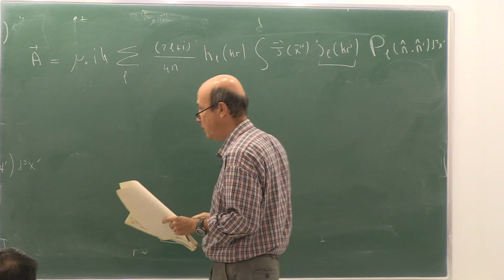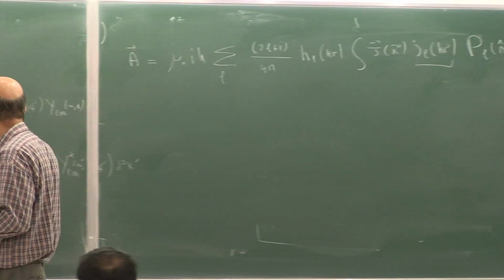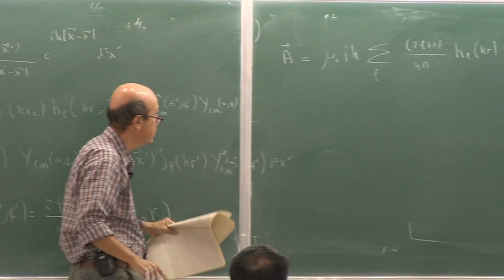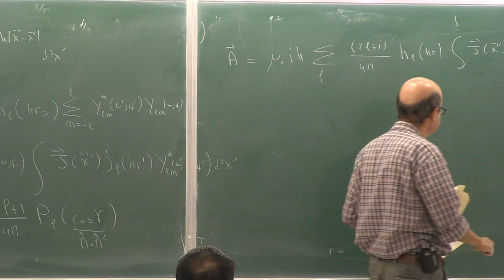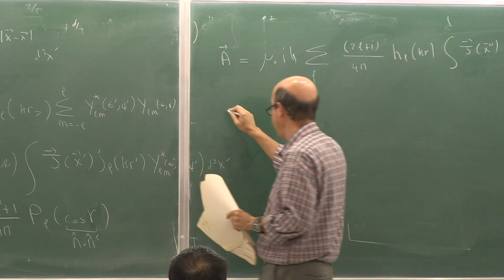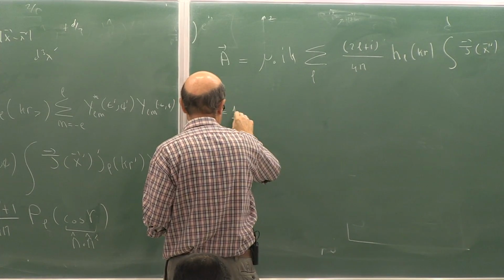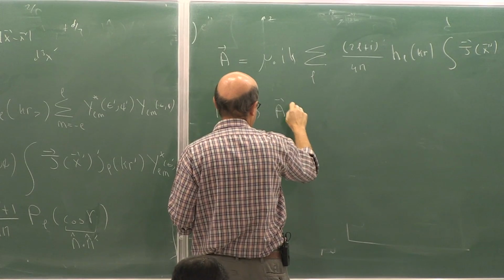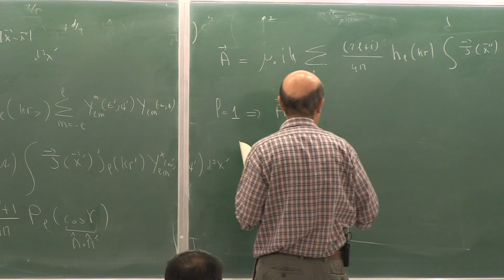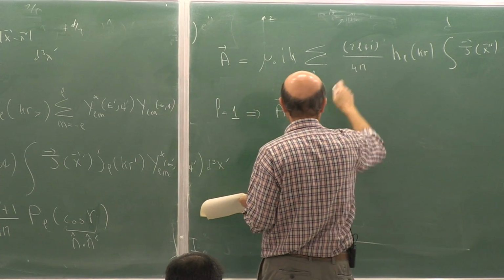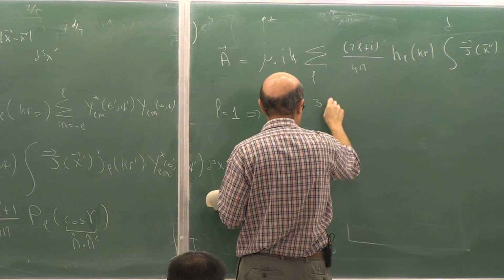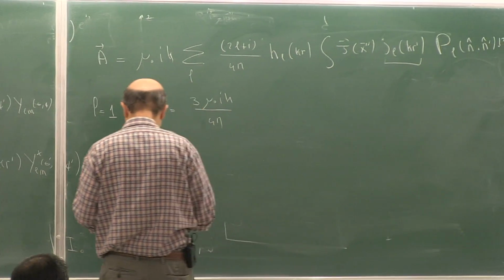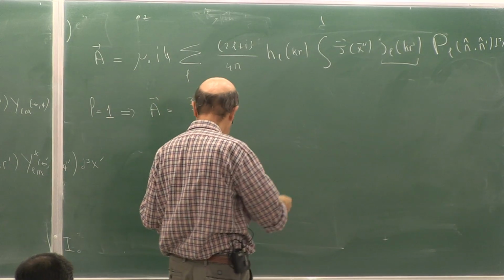Which term is missing? I was confused. 2L plus 1. Oh, it is there. Okay. Put L equal to 1. Then for the specific case, A will be what? When you put L equal to 1, that should be 3. 3 mu0 I k over 4 pi, h1. This will be the h1.